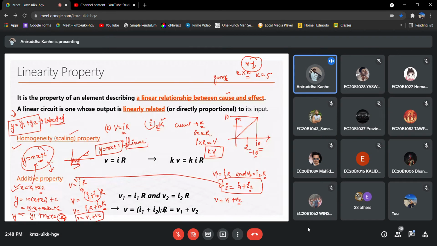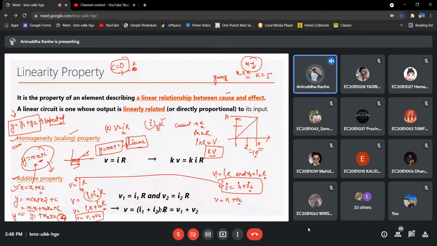Although you may sometimes call it linear, the condition is that if c is 0, that means the constant turns to 0, or is tending towards 0, then you may find it to be a linear one. So you have to understand, when you are saying linearity for the superposition, it must satisfy homogeneity and additivity.